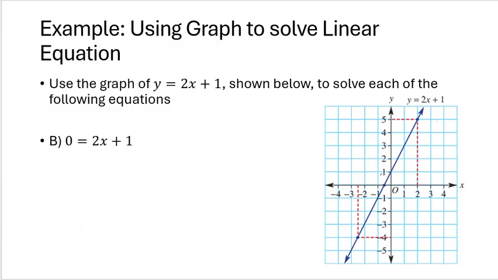And now let's do part B. Find when the line hits 0, y equals 0. So you can look at the graph or just solve for it. So I'm just going to apply -1 to both sides. So 0 minus 1 is -1. And then obviously the 1 on the right hand side just disappears.